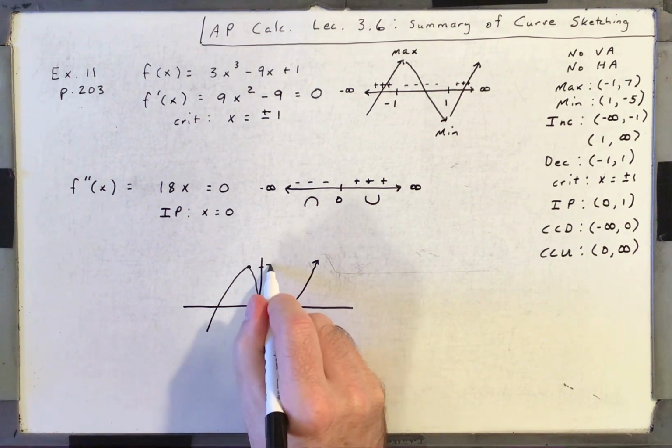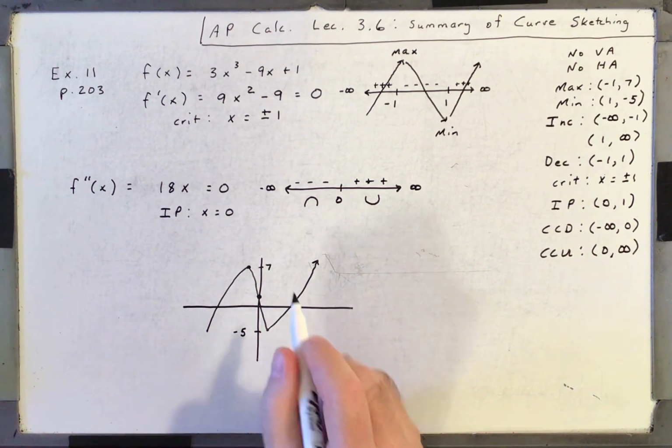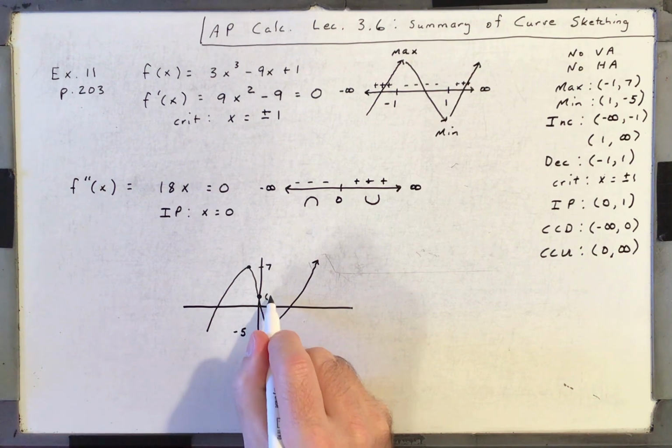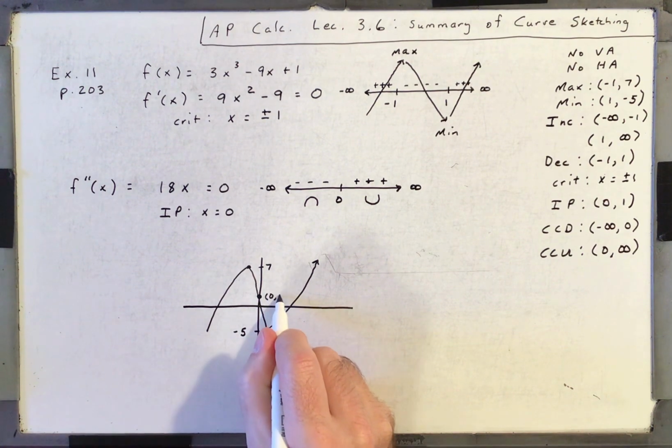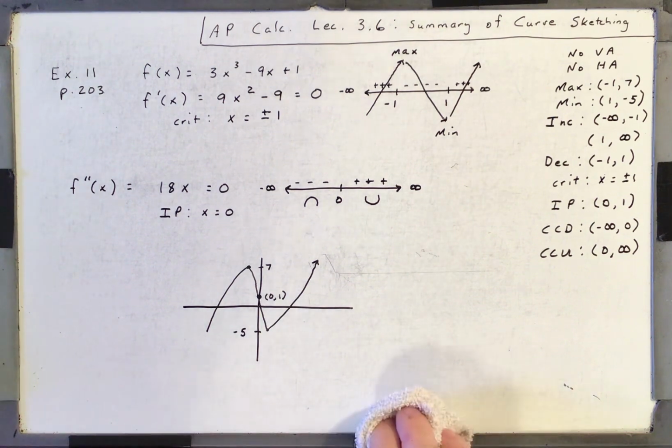We can say this is -5. This inflection point's at 0, 1. And that is enough for me. No asymptotes to draw, so no dashed lines. And there you go. You can guarantee that one of your test problems will be of about this difficulty.